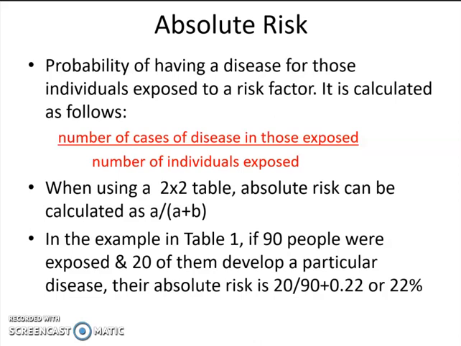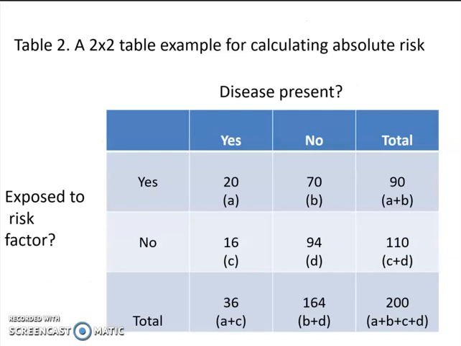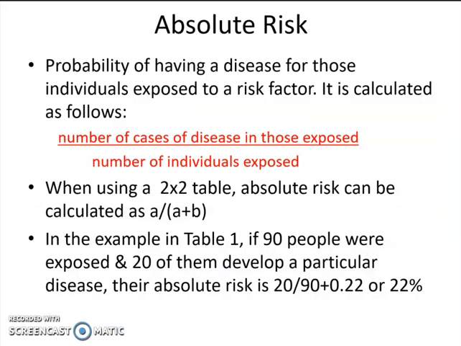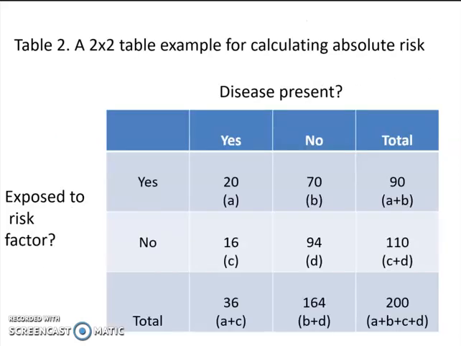So this is the calculation of our absolute risk: A over A plus B. Then we have the absolute risk of 22%. That is 20 over 90.